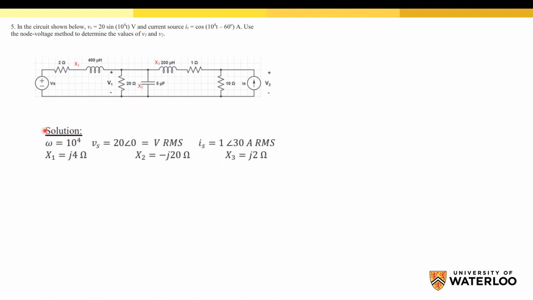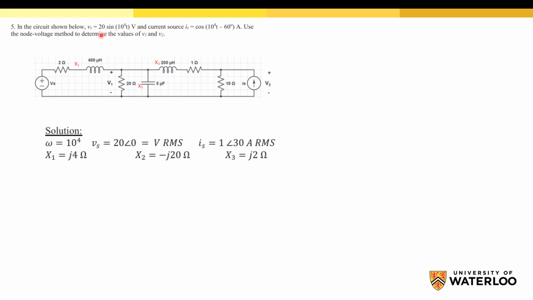We can calculate the equivalent ohms for this inductor and capacitor, and then these values are ready now. The only missing part in order to solve this circuit in the phasor domain is to convert the voltage source here to the equivalent phasor, and the current source here to the equivalent phasor.